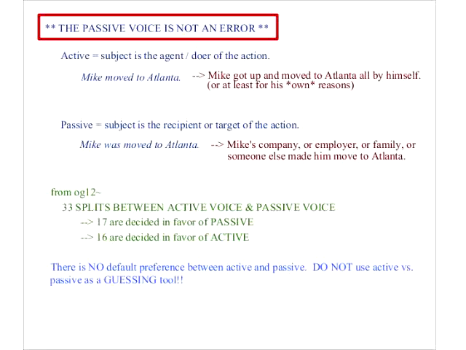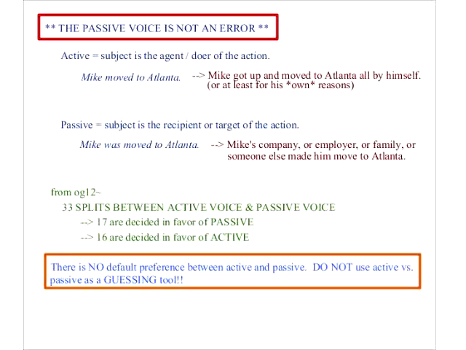Now, some of you, if you have the older editions of our strategy guides, some of them say there's a preference. The reason they say that is because in the earlier editions of the OG, up to the 10th edition, there used to be a big lopsided disparity in favor of the active.